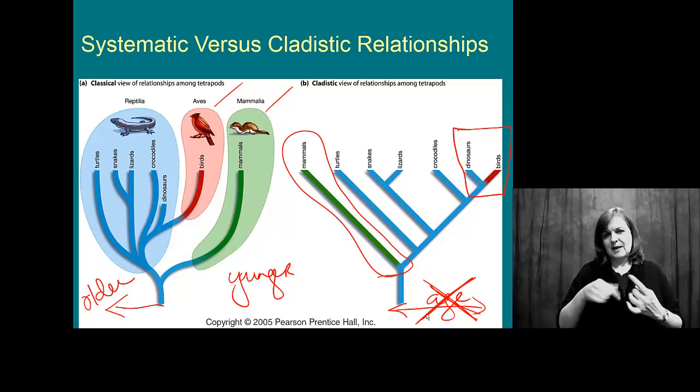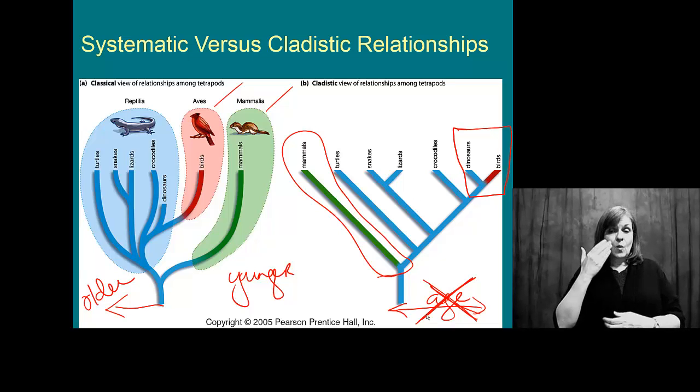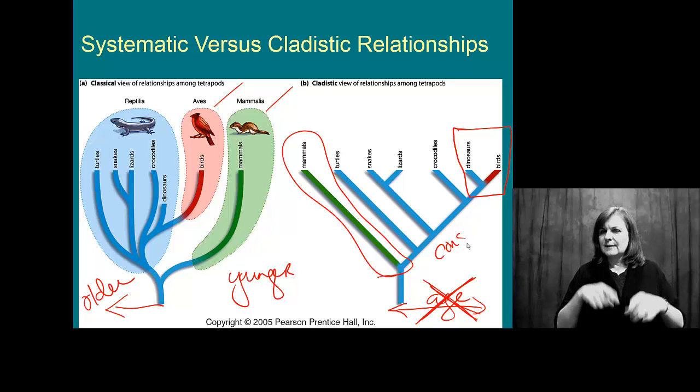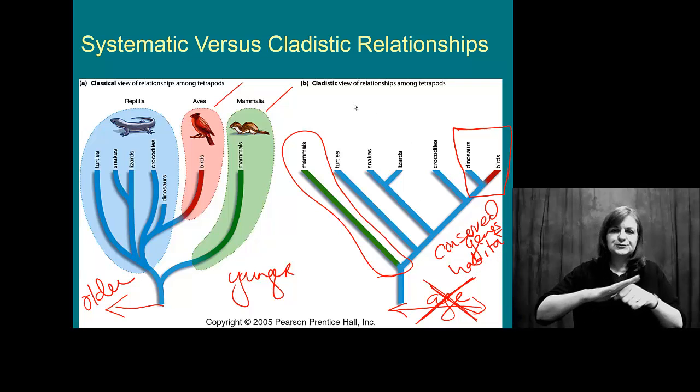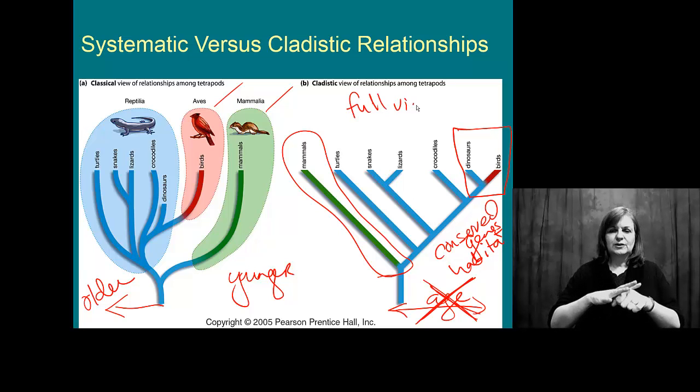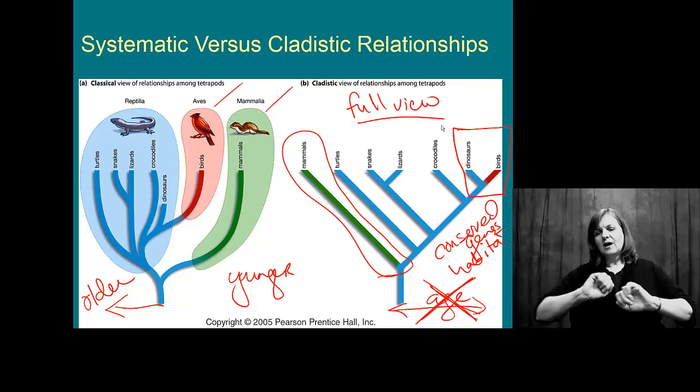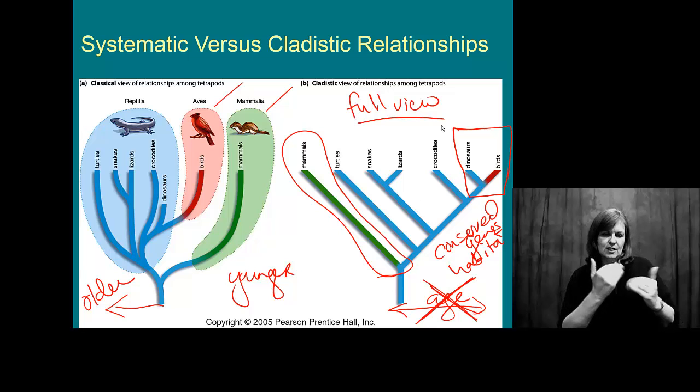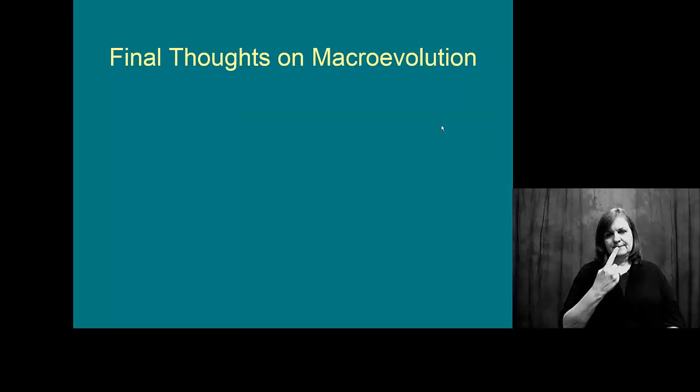That's not our concern. What I'm more concerned about then is this understanding of things like conserved genes, okay, habitat structure, and so on. So this is taking more of a full view of the relationships versus a very limited view that we look at in some of our classical basic morphology understandings.